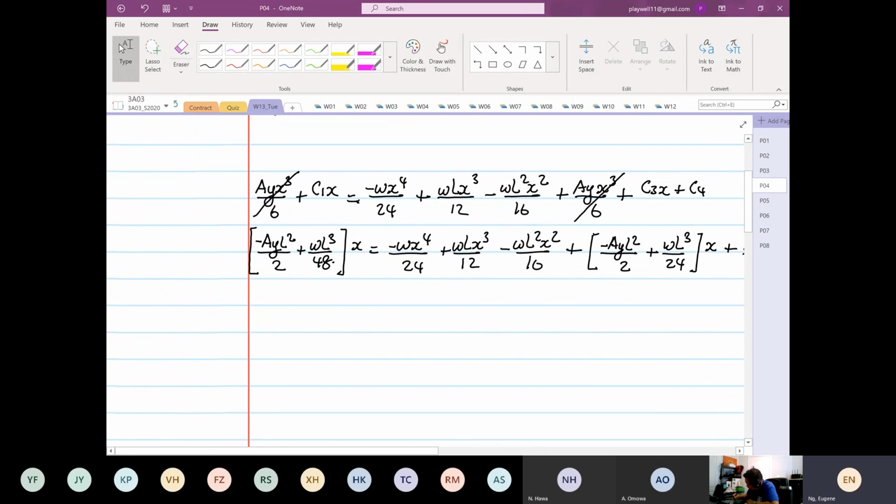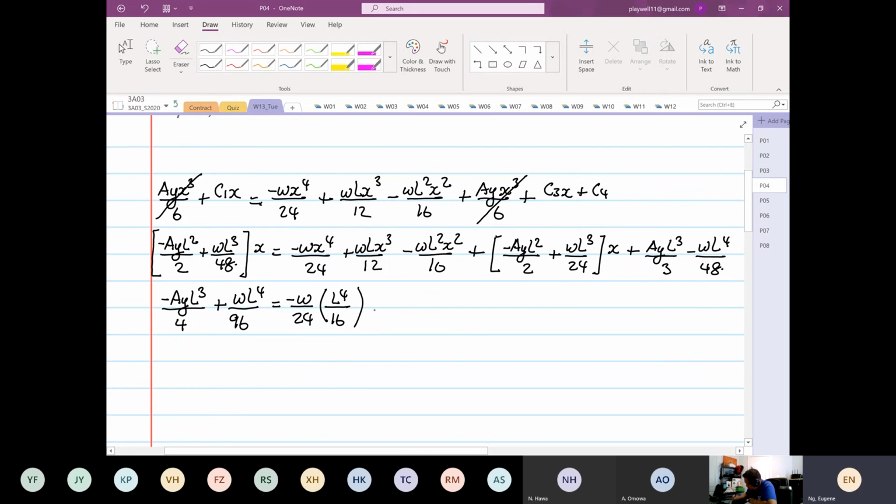So this will be equal to minus AY L cube over 4, right? Because X is L over 2 plus by omega L4 over 96. Okay, and this is equal to minus omega over 24. So this will be equal to L4. So 2 to the power 4 is 16.